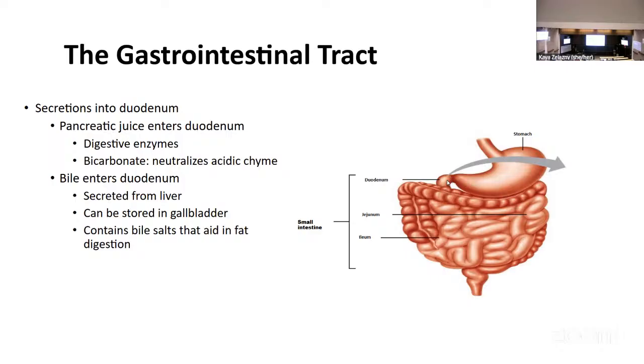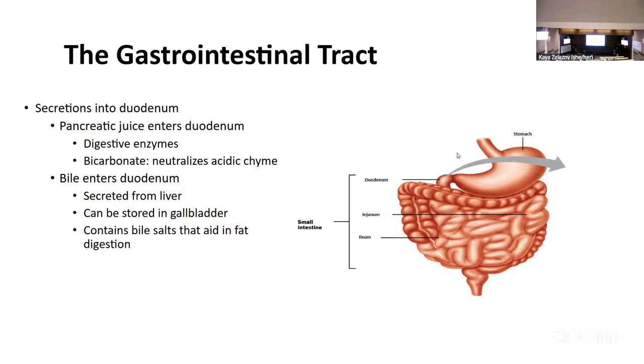As we pass into the duodenum, into the small intestine, that means we have to keep breaking down our larger molecules so that they're small enough and we can absorb them in that first 20% of our small intestine. And the other thing we have is even more bicarbonate. So bicarbonate from the pancreas as well is helping us neutralize that acidity of the chyme.